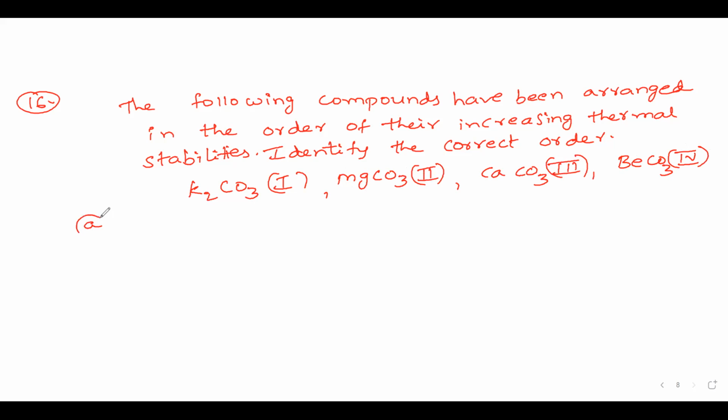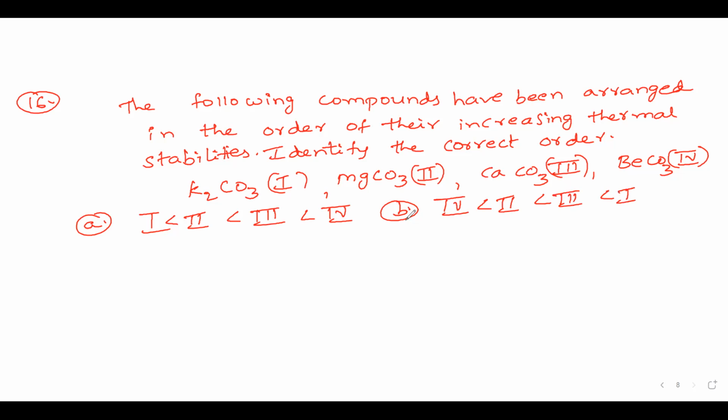Now option A directly, 1 is less than 2, less than 3, less than 4. Option B, 4 is less than 2, less than 3, less than 1, increasing order.